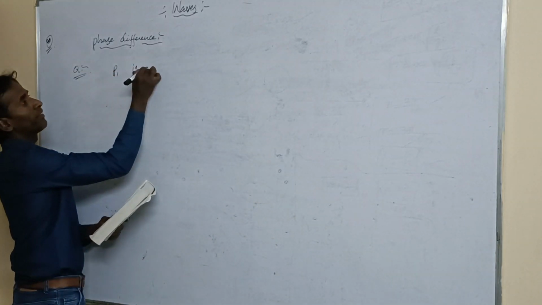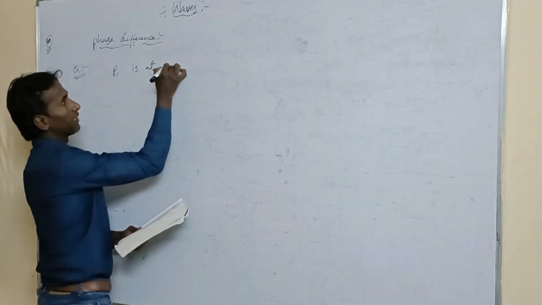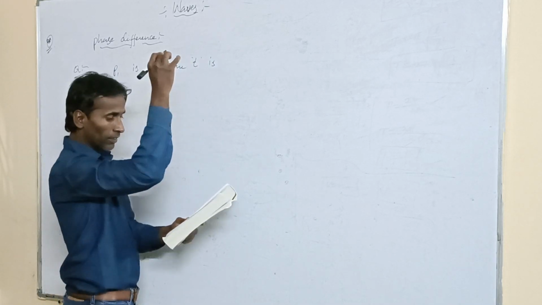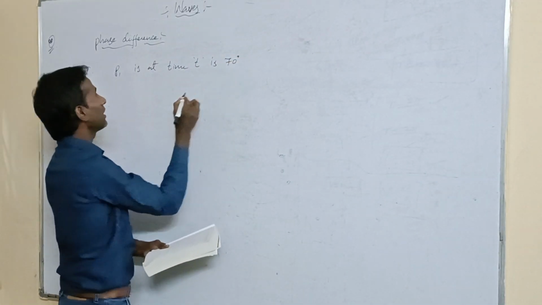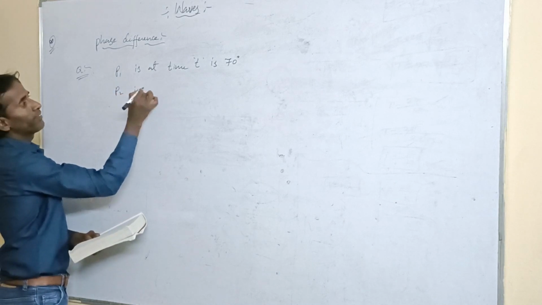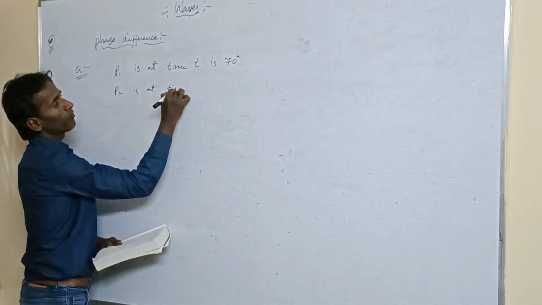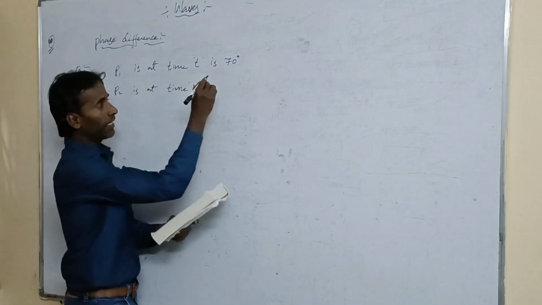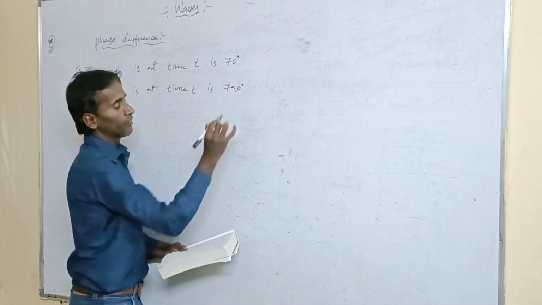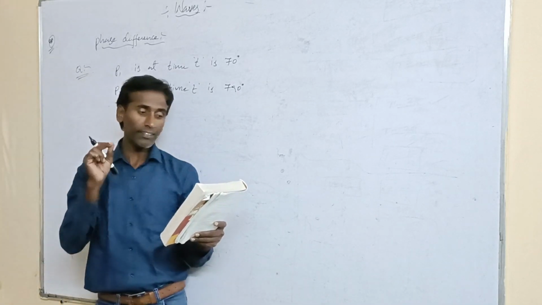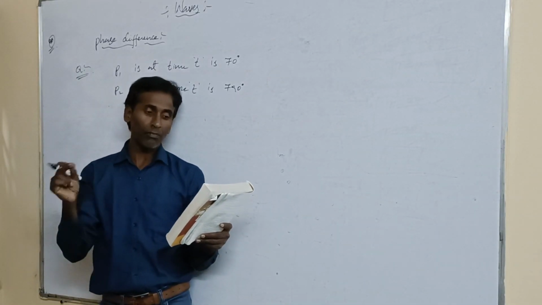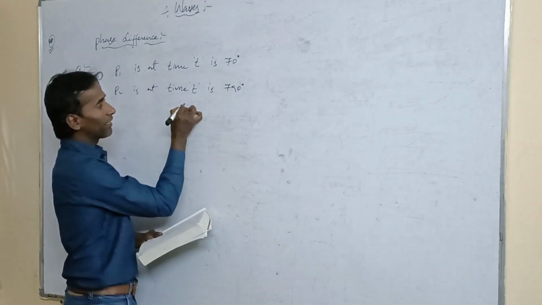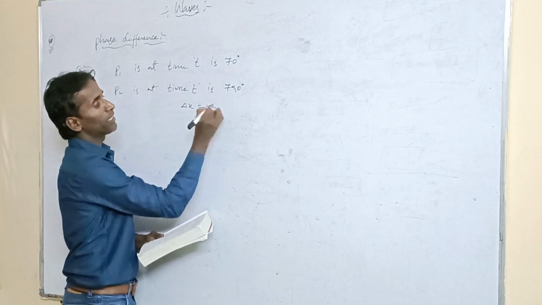Particle P1 at time t is 70 degrees, and particle P2 at time t is 790 degrees. What is the wavelength if the distance between P1 and P2 is 1 meter? Here Δx = 1 meter is given.